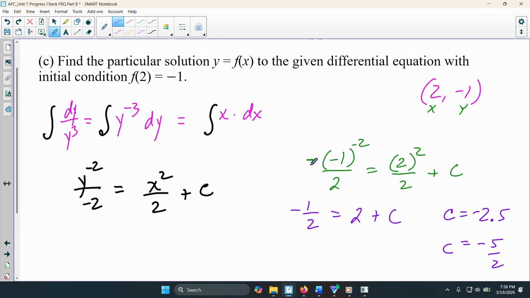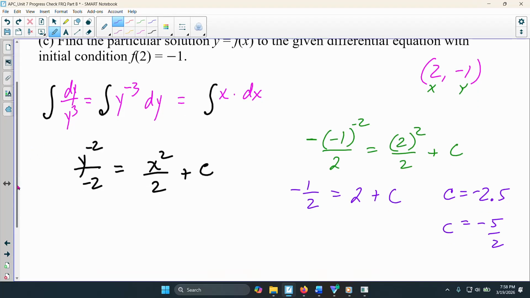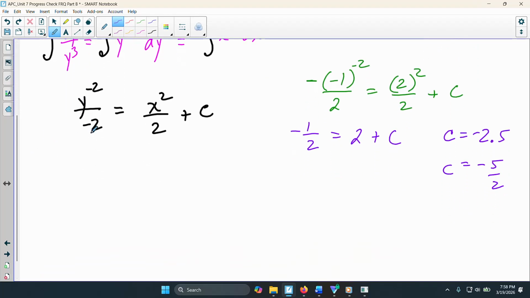So now that's your constant c, but we're not done. Let's simplify. Let's rewrite this first of all, and multiply everything by -2, right? So y to the -2 equals, multiplying both sides, this becomes -2, and I'm going to write this so that I don't lose anything accidentally, plus -2 times the c value.